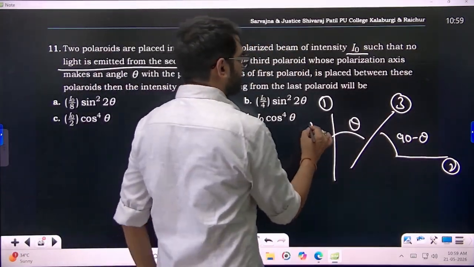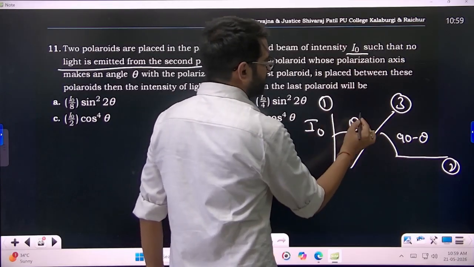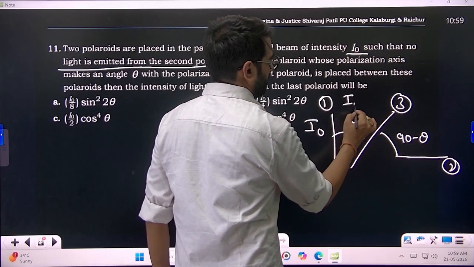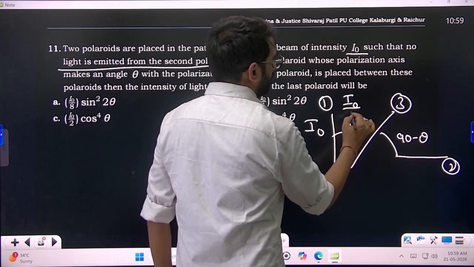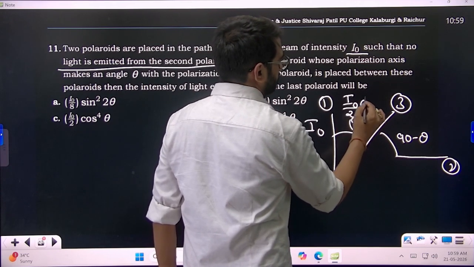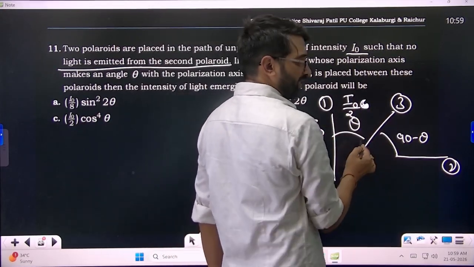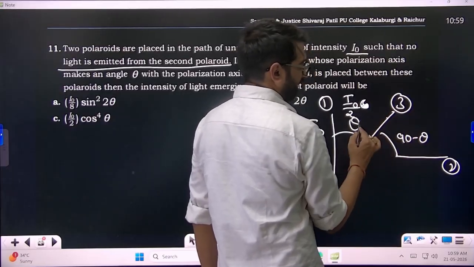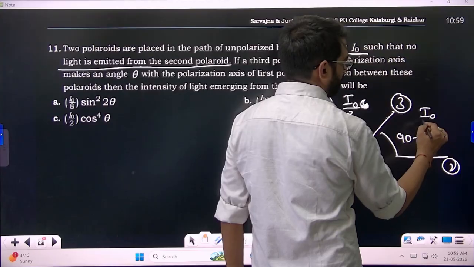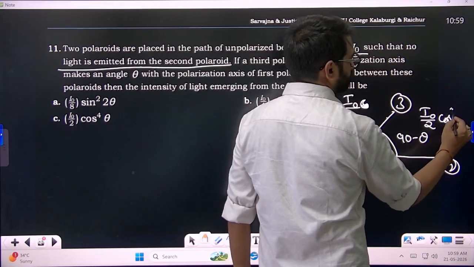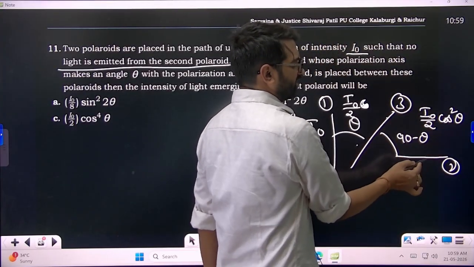Here the intensity is I naught. So the intensity coming out of the first polarizer will be I naught by 2. Now this I naught by 2 is incident over here. The intensity which comes out will be I naught by 2 into cos square theta. This intensity is incident here.